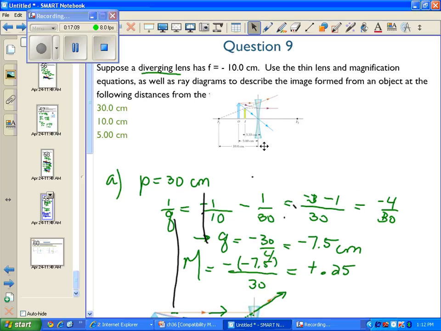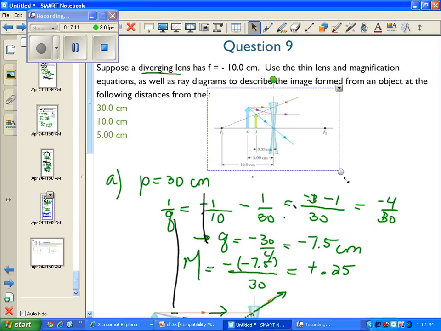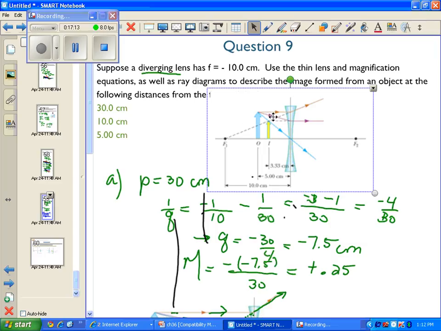Well, let's go ahead and see what we've got here. Sure enough, you can see the same rays. First one back traces to F1, second one back traces parallel, third one through the center, and notice that our image has gotten bigger. So in all cases of a diverging lens, the image is going to be virtual, upright, and reduced.